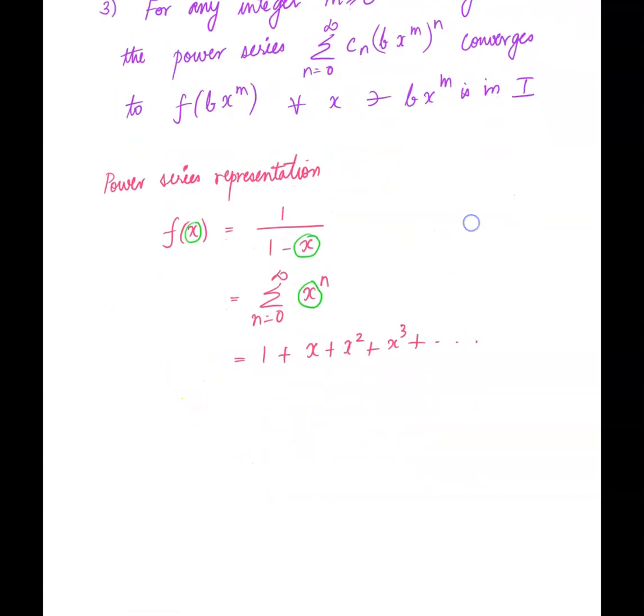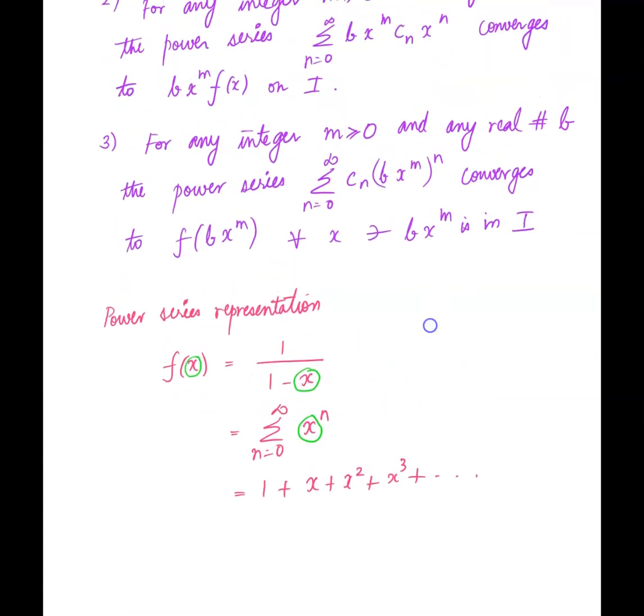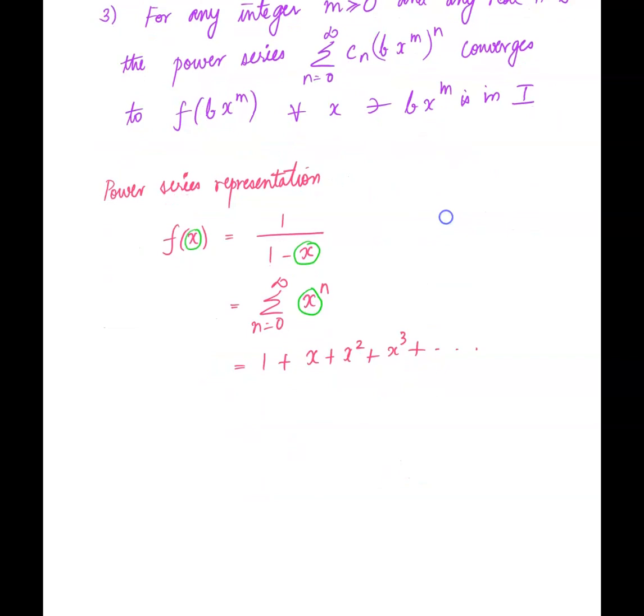So as a quick example, to illustrate the third condition, you see this f(b x^m). So if I were to write this like this, then this whole thing will have to be rewritten as 1 minus b x^m.